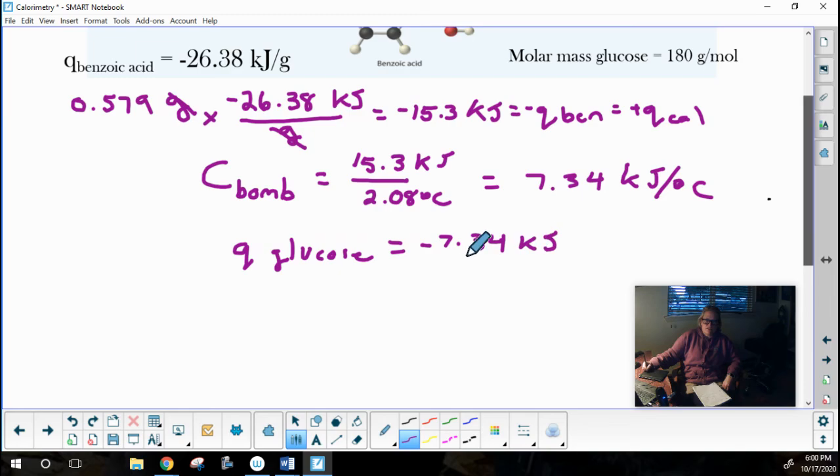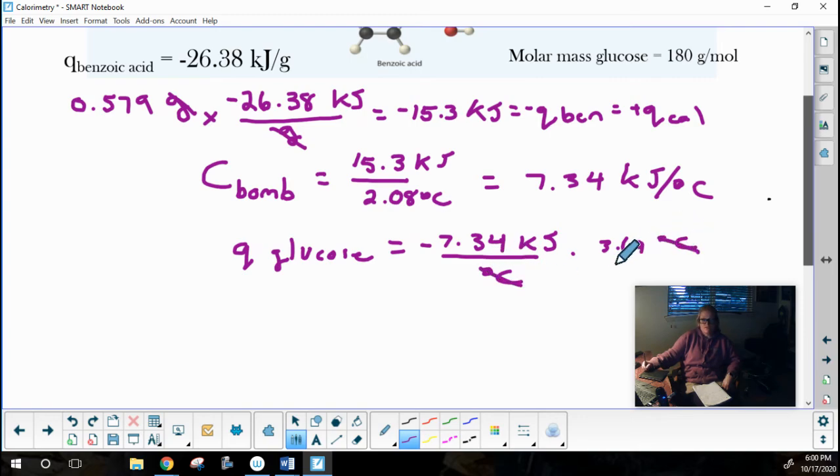It can release negative 7.34 kilojoules for every degree Celsius, and the glucose had a change in temperature of 3.64 degrees Celsius.